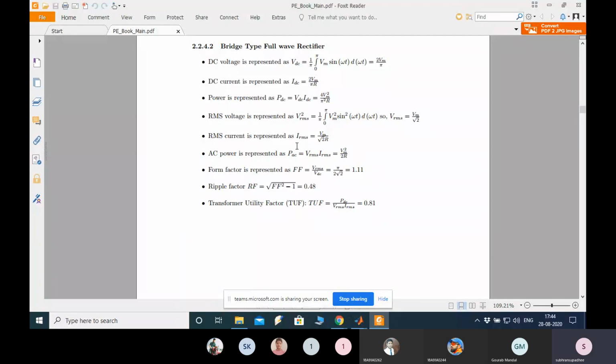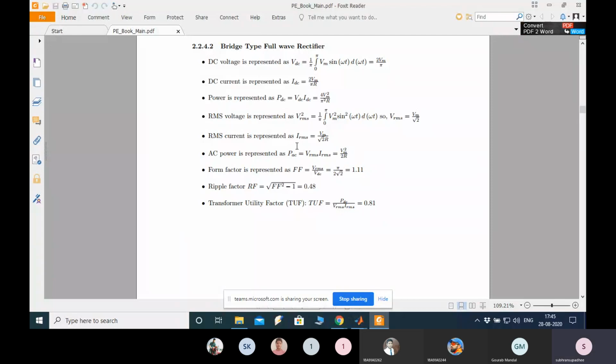Whenever we are using a transformer, there is a term that comes in use that is called the transformer utility factor, TUF. All of you might be well aware of what a ripple factor and a form factor are in the perspective of rectifiers. But whenever we are using a transformer, another term gets added, called the transformer utility factor. Transformer utility factor is the ratio between the DC power and the RMS voltage times RMS current.